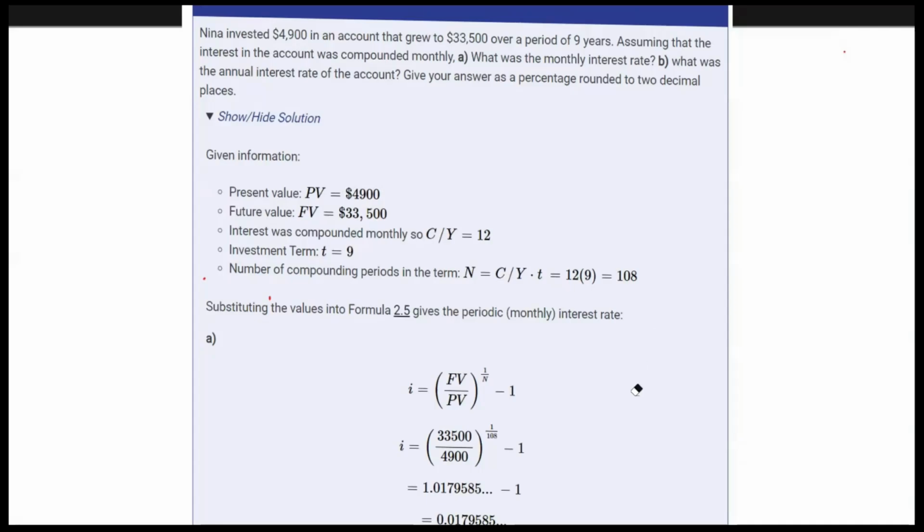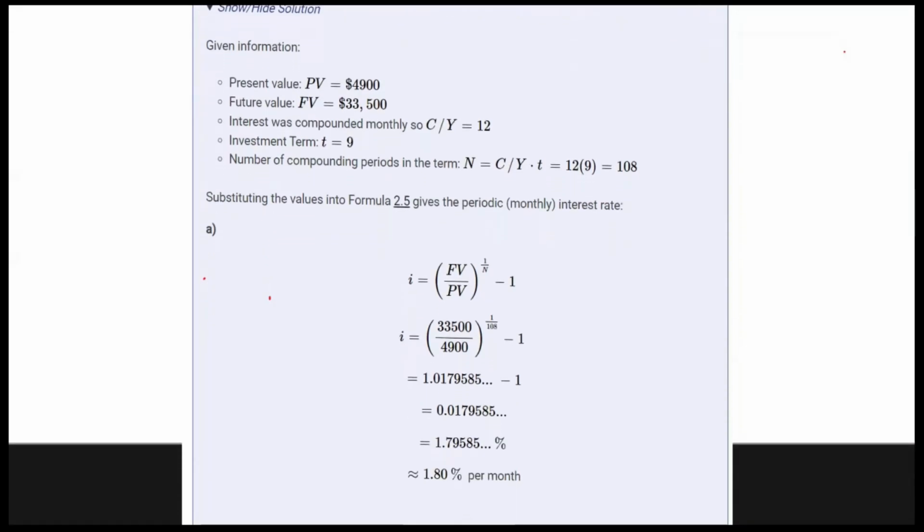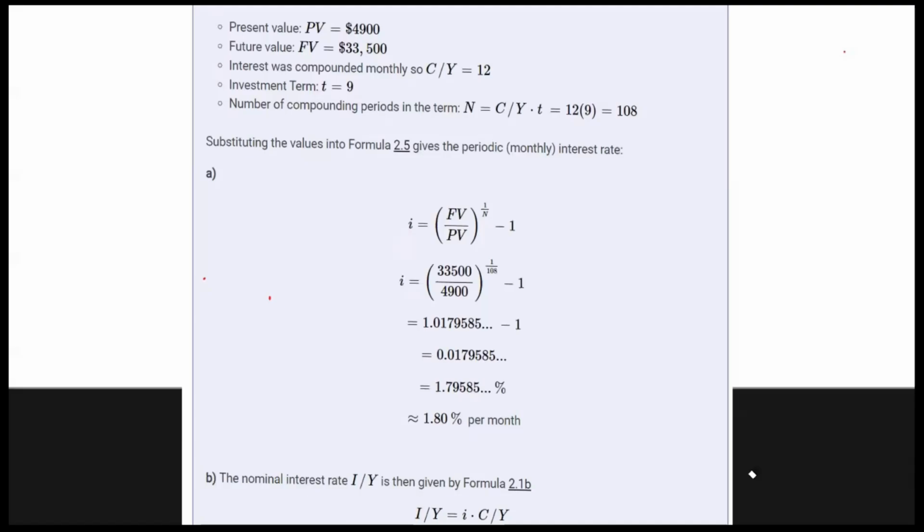And we put that in our formula that was given in the previous slide. You get i being 1.80% per month, right? That's the periodic interest per month.